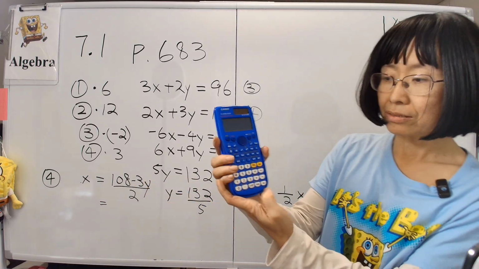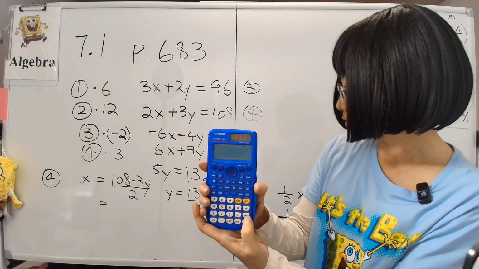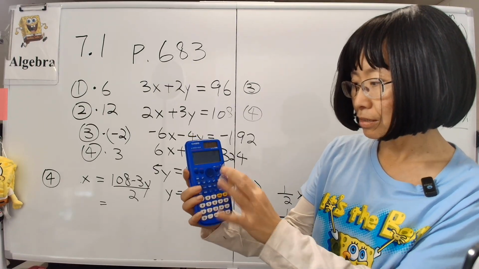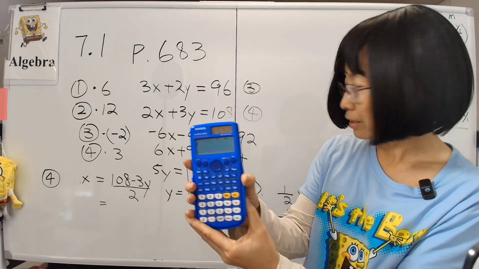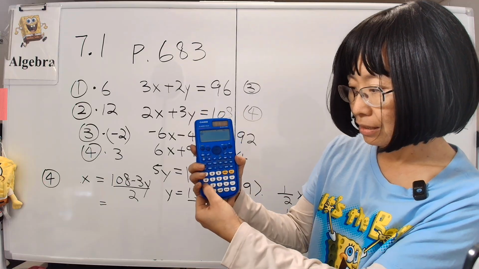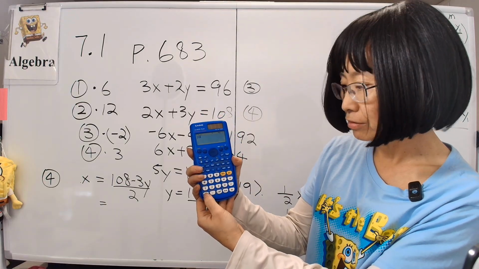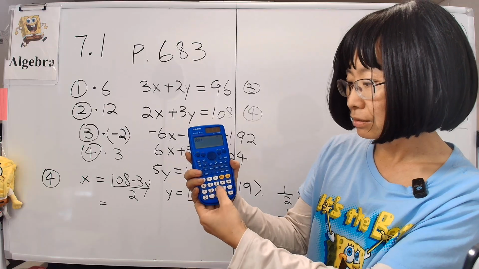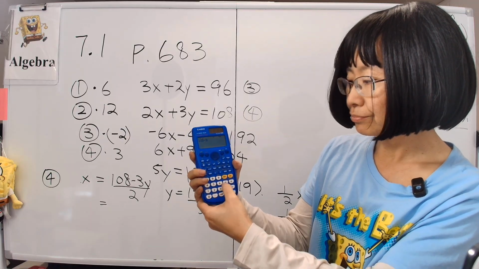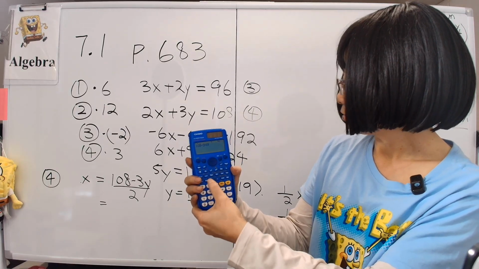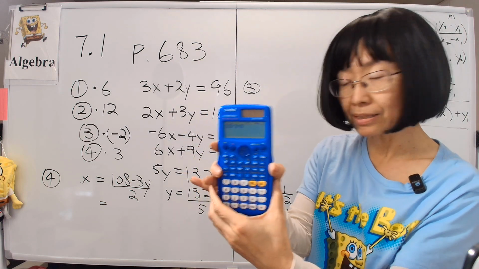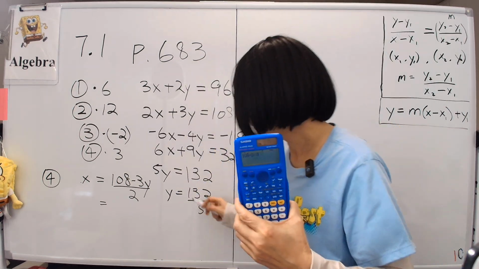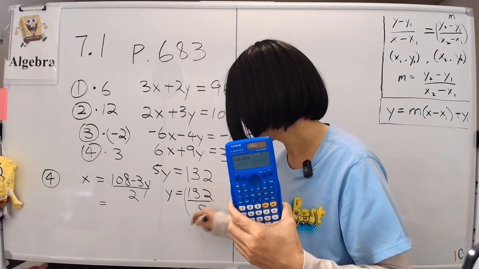All right, let me turn on the calculator, and then I will type in 108 minus 3 times y in parentheses, to be sure that everything is proper.